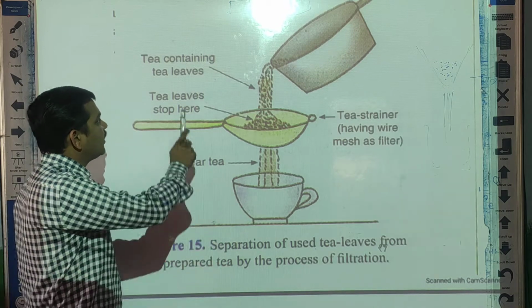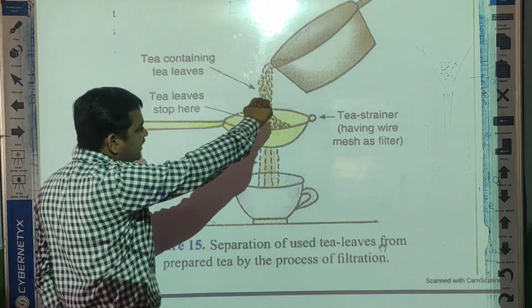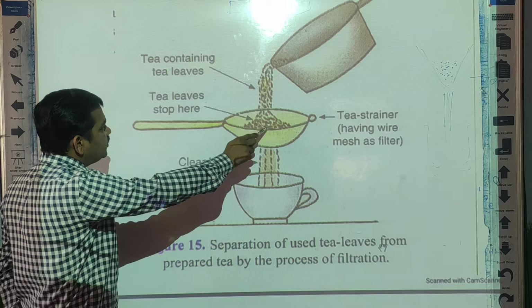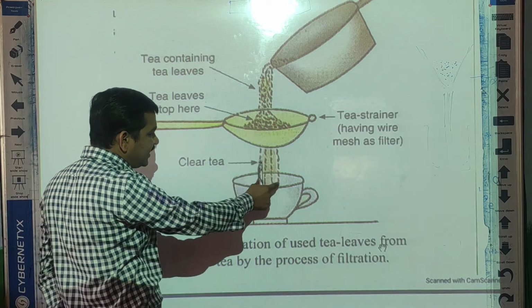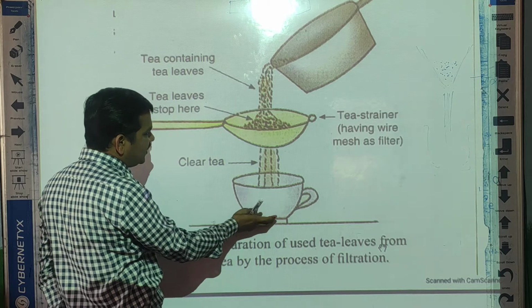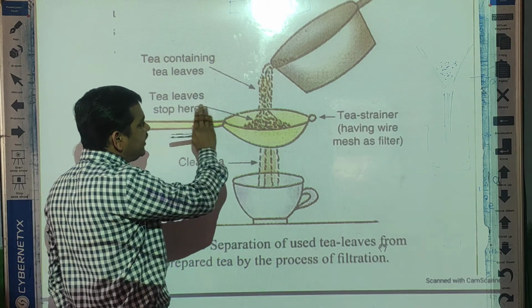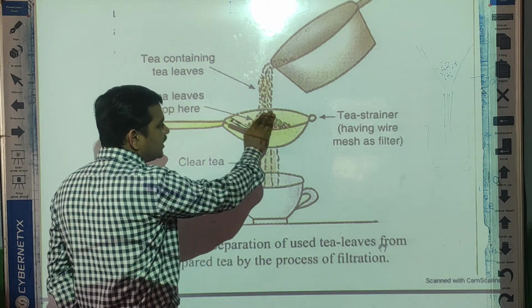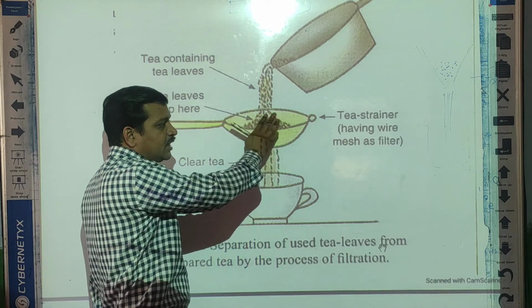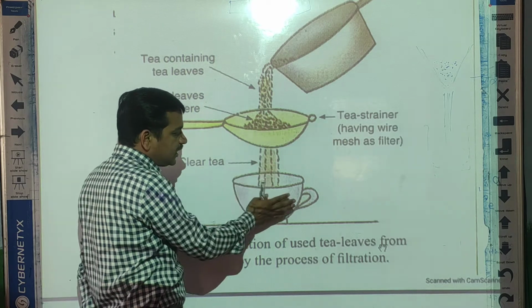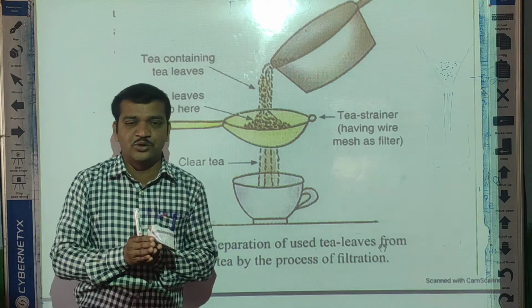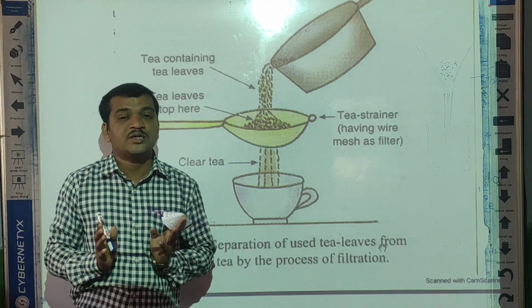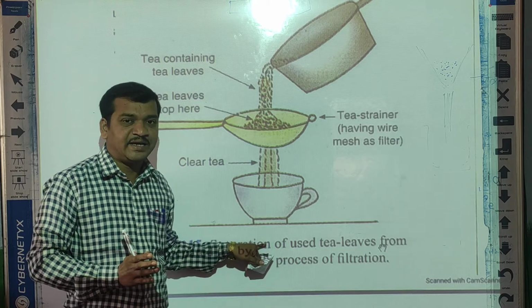Now when you pour the tea containing tea leaves, this strainer allows only the clear tea into your saucer, and whatever tea leaves are there remain on the strainer, and that is called your residue, and this is your filtrate. Is it clear, students, what is meant by residue and what is meant by filtrate?